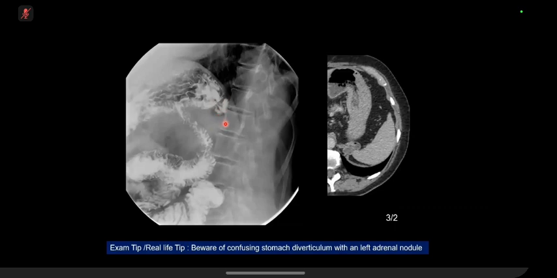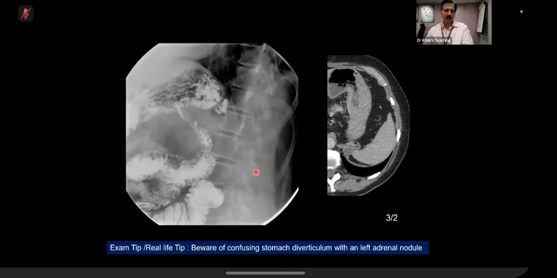So that's the ulcer. Diverticula. Fine. Okay, well done. So diverticulae of the stomach. Please remember, most common diverticulae are from the fundus, but there is another diverticulum.